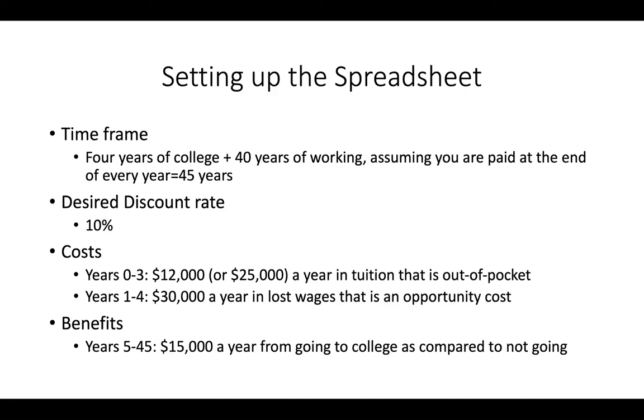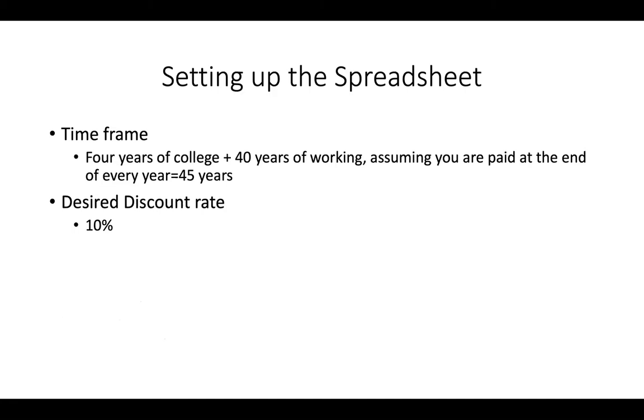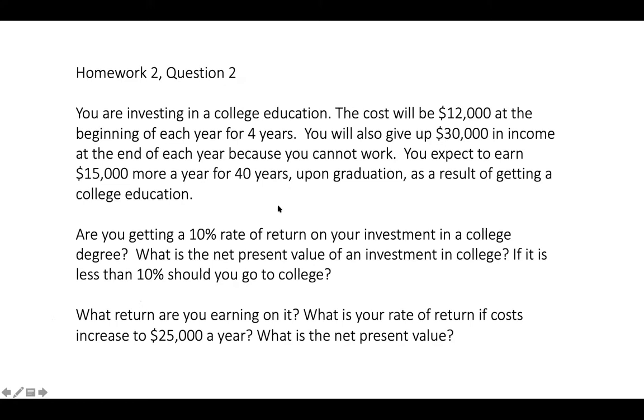And it literally said in the problem, which is why I'm going to remind you that I structure these not to be so hard so you can get the mechanics. It says you can expect to earn $15,000 more a year for 40 years upon graduation as a result of getting a college education. So I did the subtracting for you.